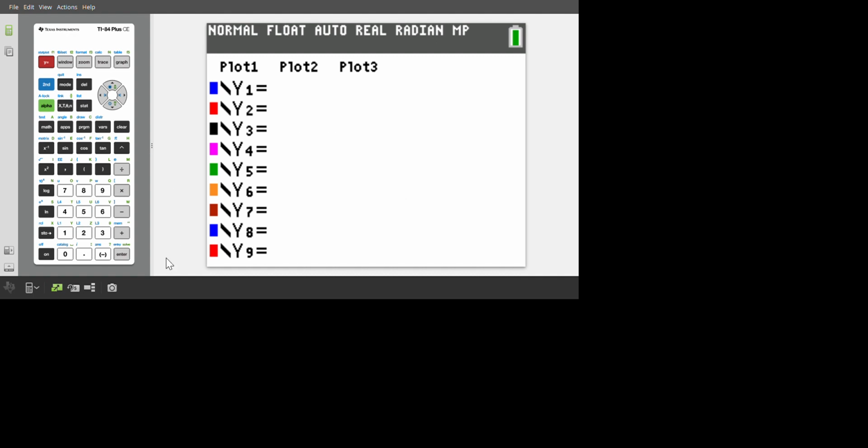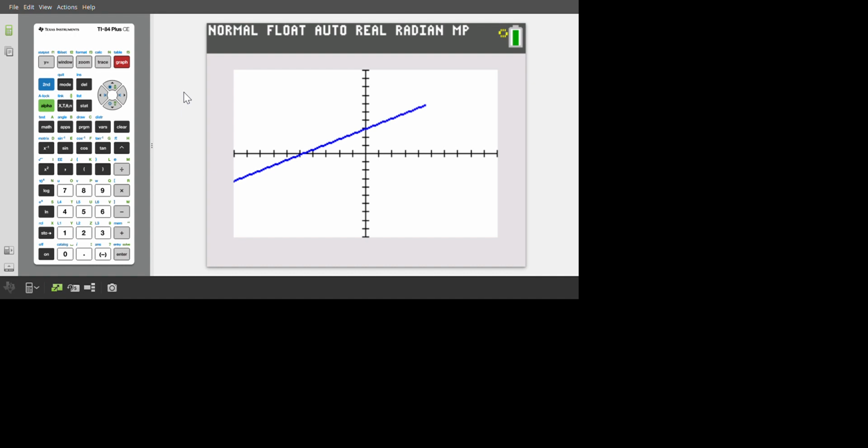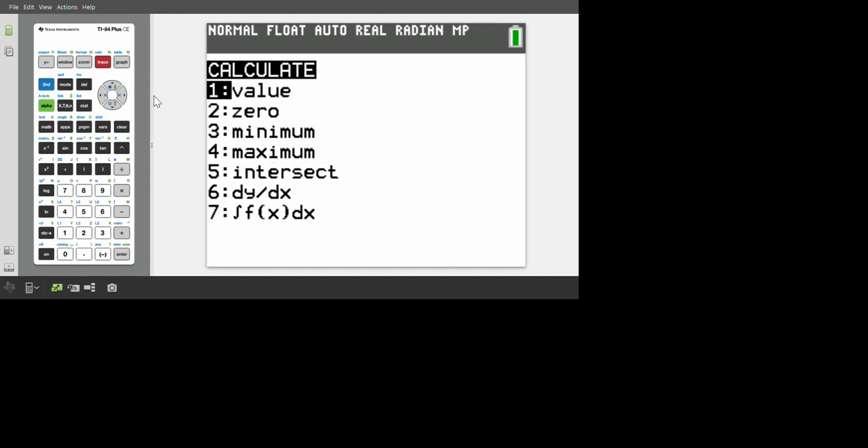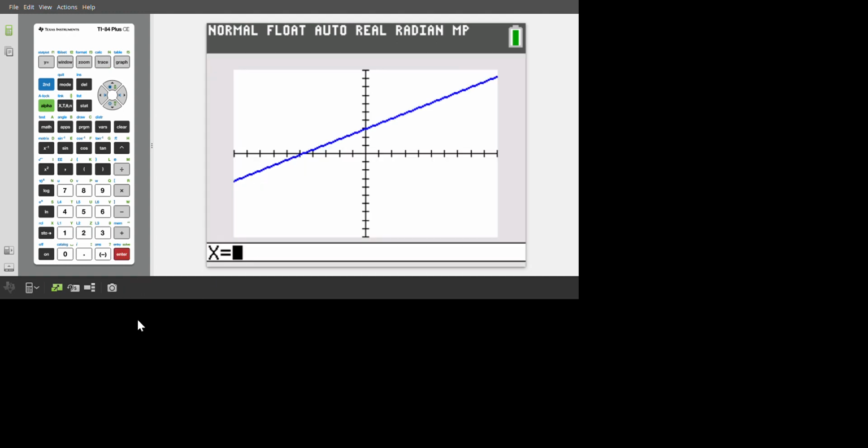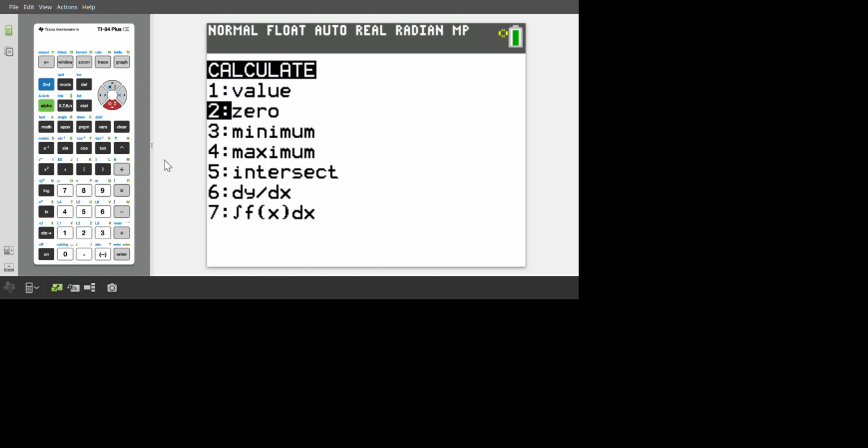Another thing that we can do, we know how to graph, right? So if I do 5/8 x plus 3, let's say I graph this, and I want to do second calc. Let's do second calc 0.